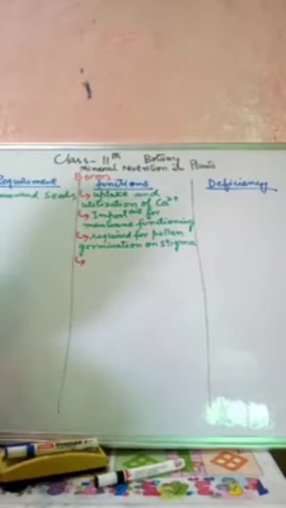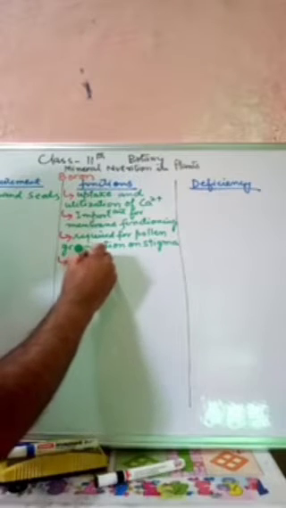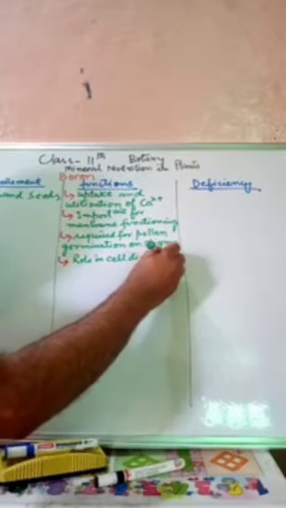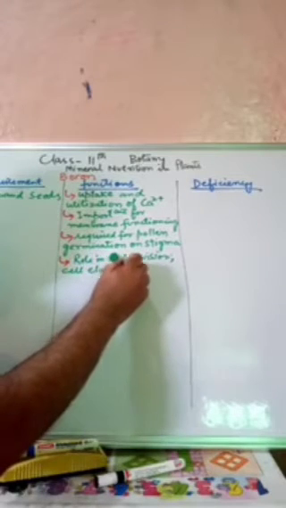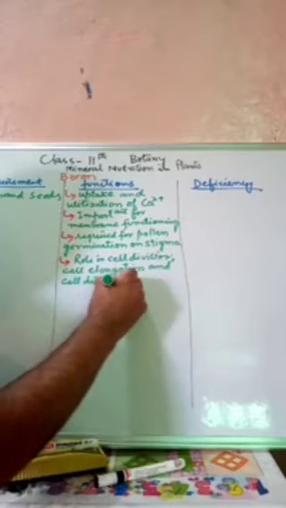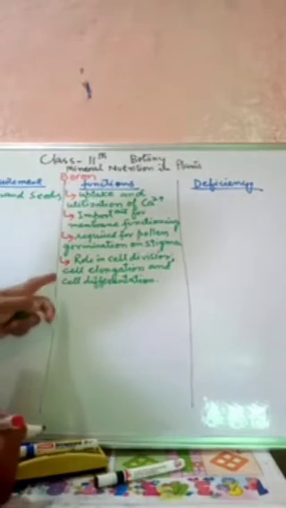One more, it plays a role in cell division. Very good. Then one more process, cell elongation, and third, cell differentiation. So this boron plays its role in cell division, cell elongation and cell differentiation.